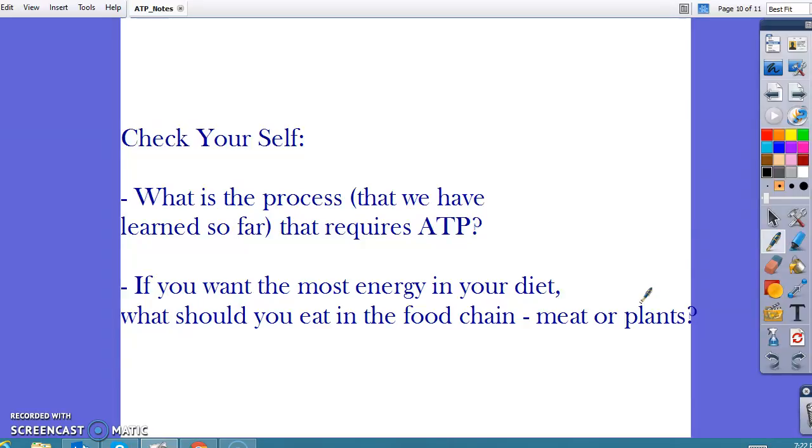Then we went into, once we have that glucose, how does our body use it? That's cellular respiration. So you have aerobic respiration and anaerobic respiration. Know which one's more efficient, which organism performs which one. And then, why are we doing cellular respiration? We're doing cellular respiration because we have to turn that glucose into a usable form of energy known as ATP.